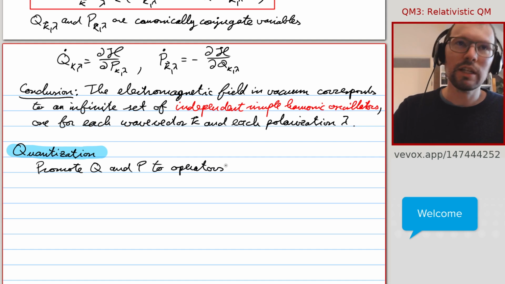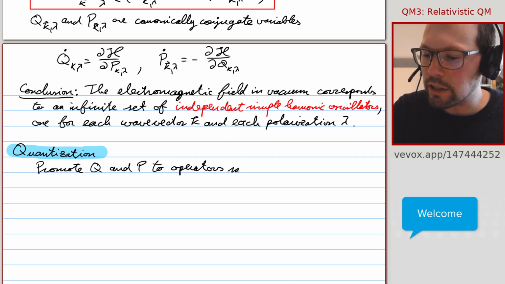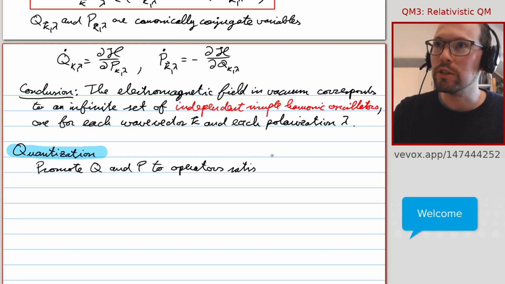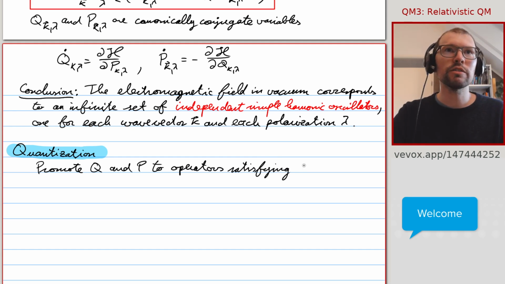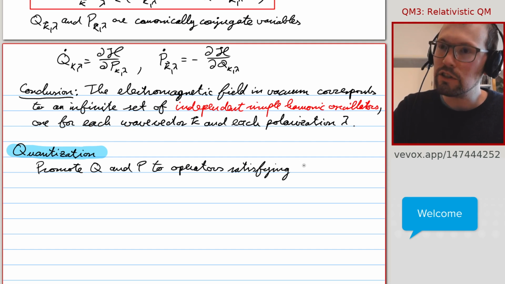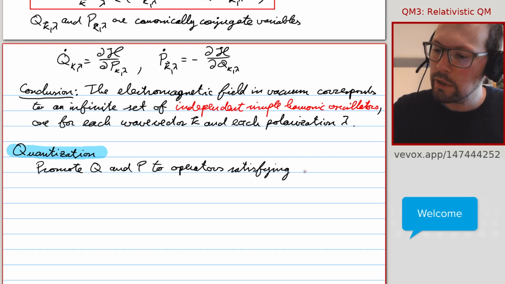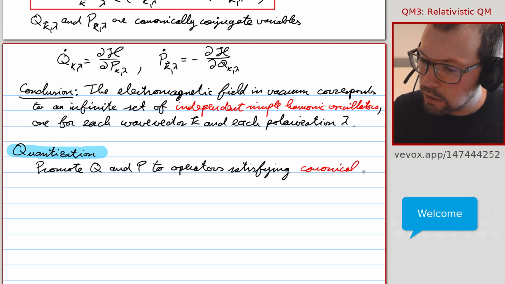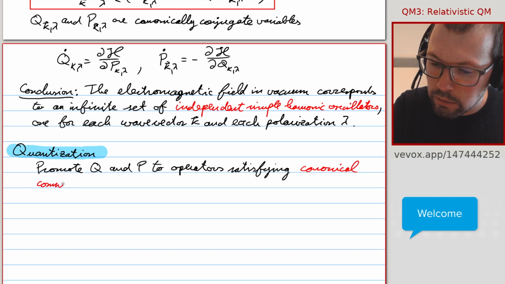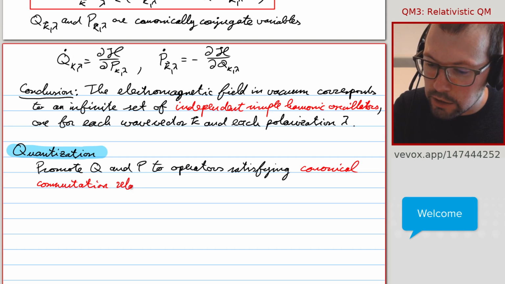Well, not just any operators, but operators satisfying exactly the canonical commutation relations, which are the quantum counterpart of the canonical conjugate relations that we just discussed. Canonical commutation relations.